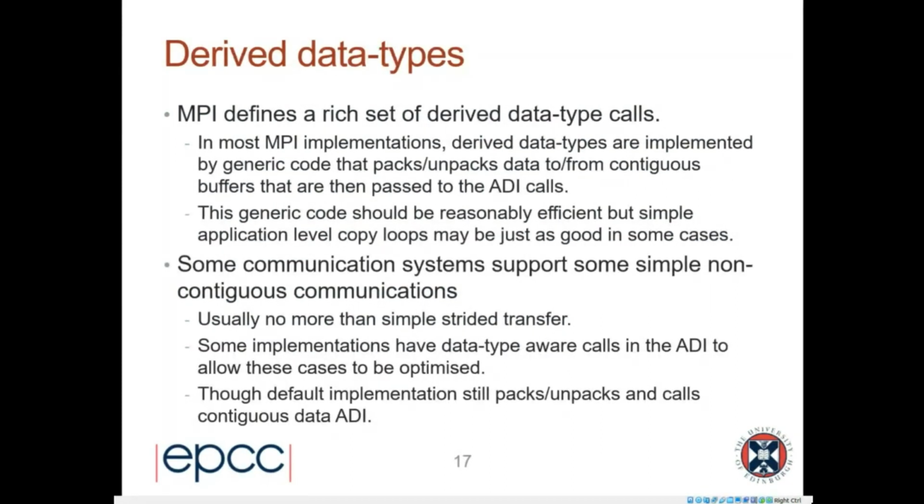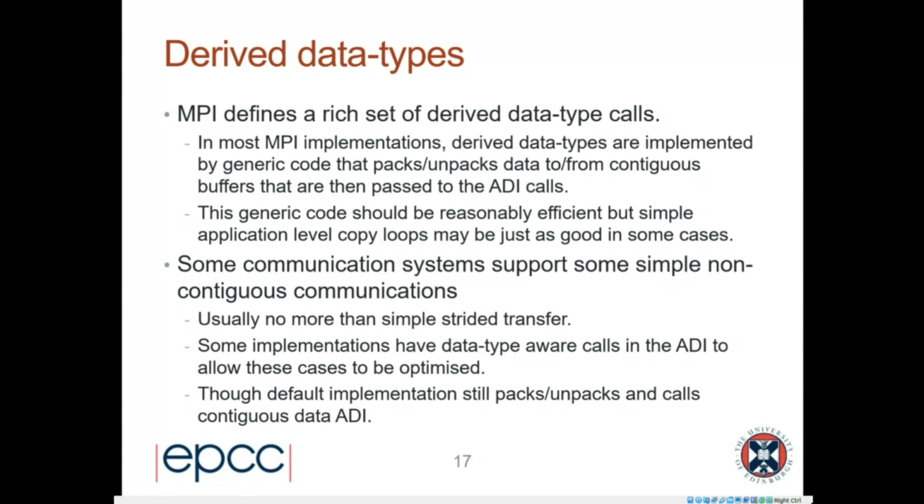Derived data types. MPI defines a rich set of derived data types, and the classic one is something like, in a very simple code, a halo swapping code, often your boundaries aren't contiguous sections of memory. Even in a 2D code, one of the boundaries of your array is going to be a non-contiguous section of memory.